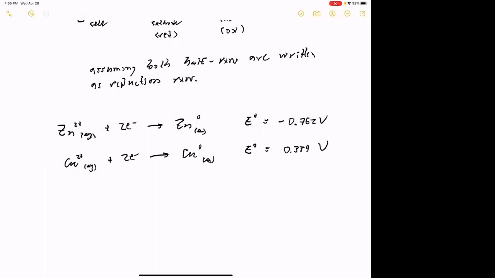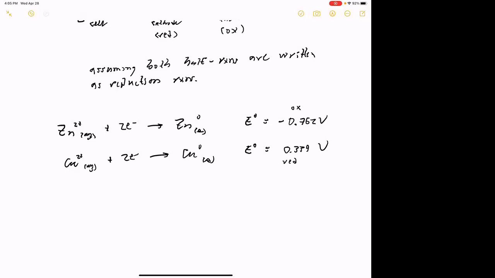Careful, you're going the other direction. Remember, it would be copper. Yeah, it's going to be the copper because it has the bigger, more positive E0. So the more positive E0 is the reduction, right? Now zinc, written as a reduction, has a less positive, more negative E0. So it's going to be the oxidation half reaction.